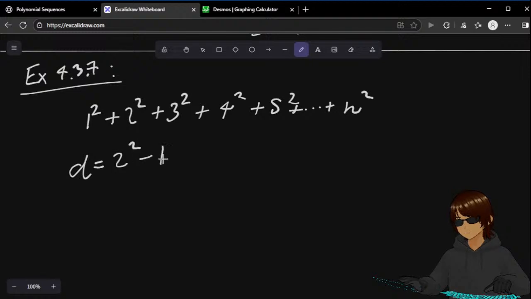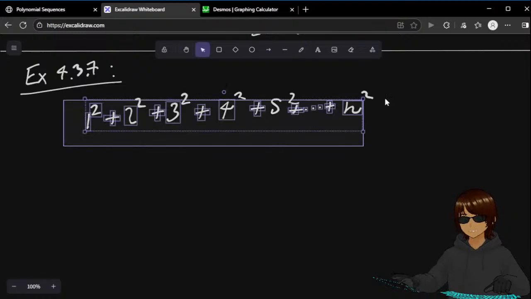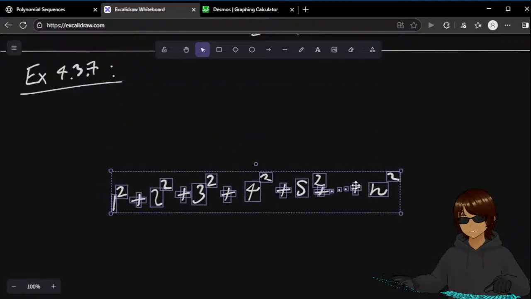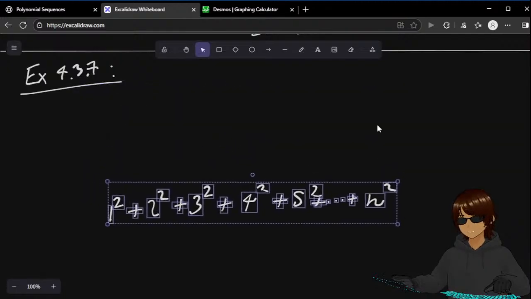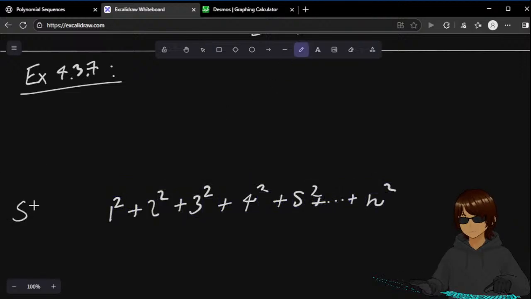So d is 2 square minus 1 square, which is 3. But this is not the sequence though. This is the sequence for finding n. So the formula is this.